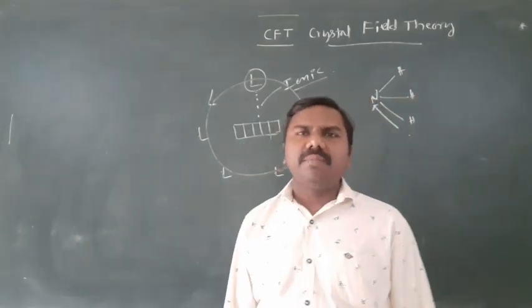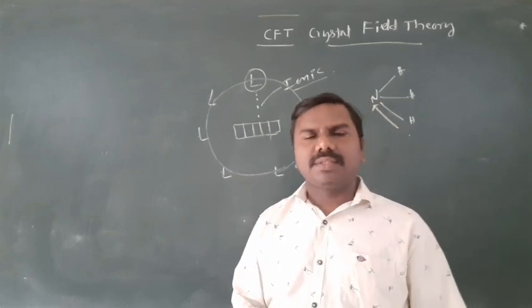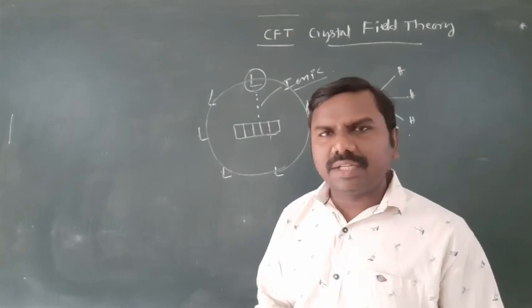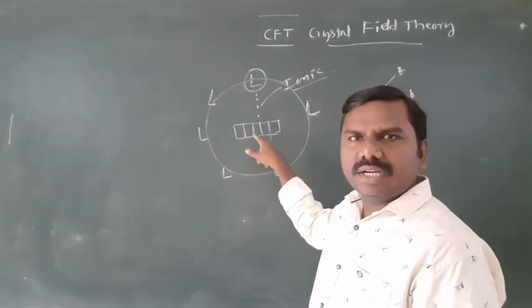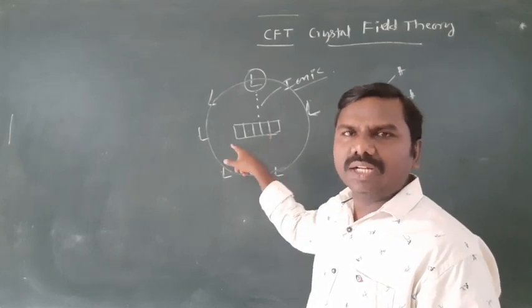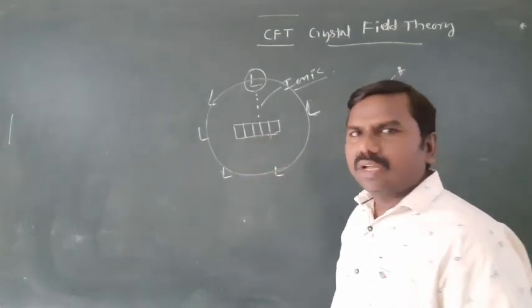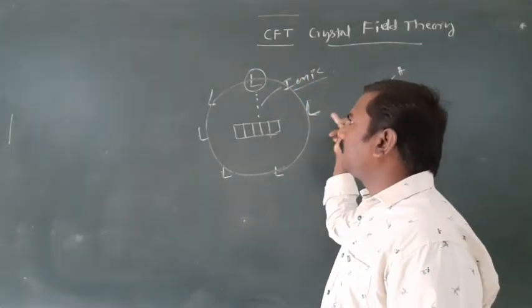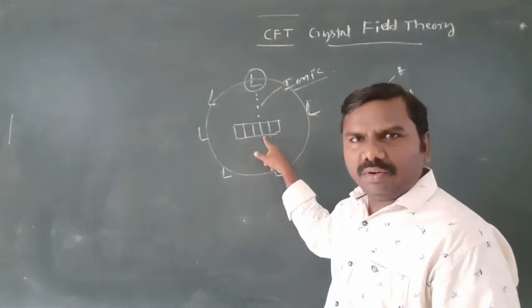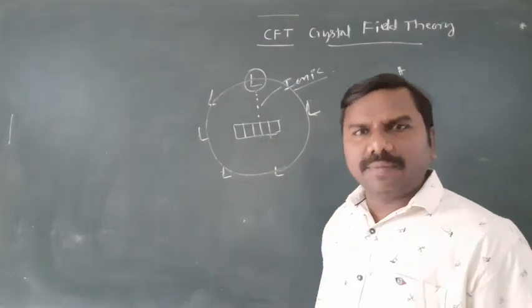That's why these are named degenerate orbitals. The orbitals having the same energy are called degenerate. dxy, dyz, dzx, dx square minus y square, dz square are called degenerate orbitals. When ligands approach the central metal atom, the degeneracy of these orbitals will be gone.